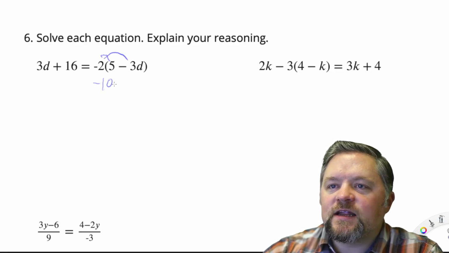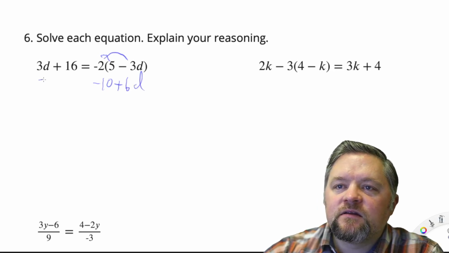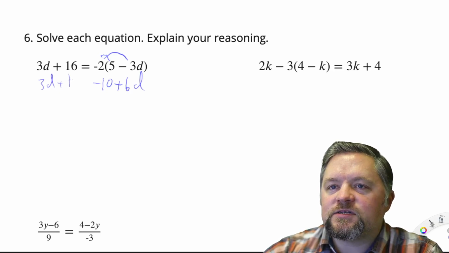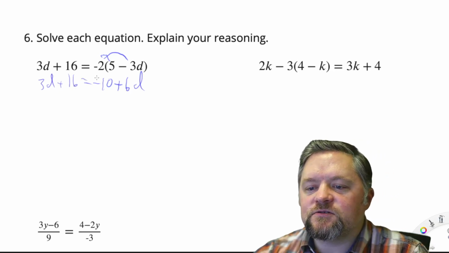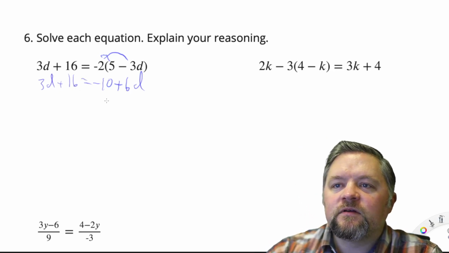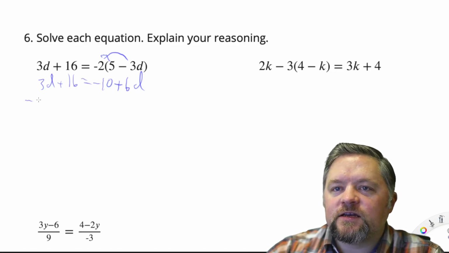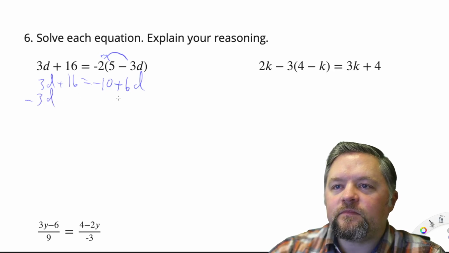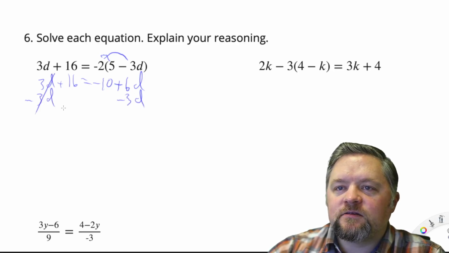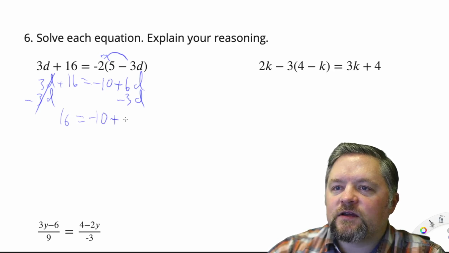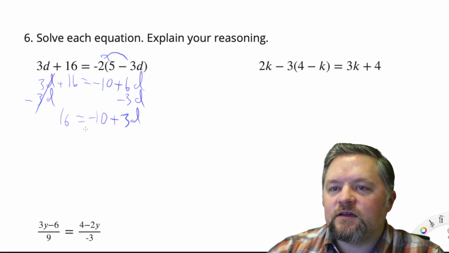Negative 2 times negative 3d is positive 6d. 3d plus 16 equals, because we bring everything down. Now, I see more d's on the right, so let's get rid of the d's on the left. Those will cancel. 16 equals negative 10 plus 6d subtract 3d is 3d.